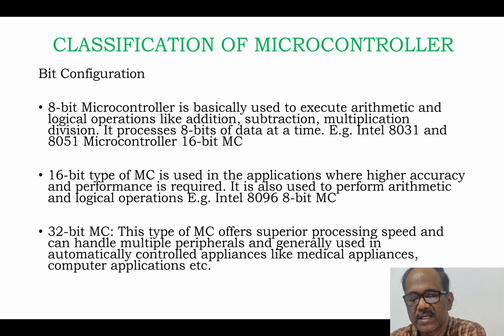Intel's 8096 is an example of a 16-bit microcontroller. 32-bit microcontrollers are used for wider applications, have superior processing speed and can handle multiple peripherals, and are used in automatic control appliances like medical appliances, computer applications, etc.